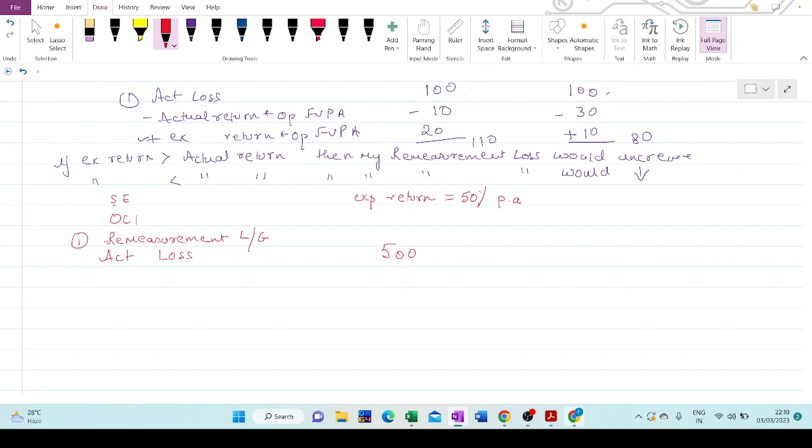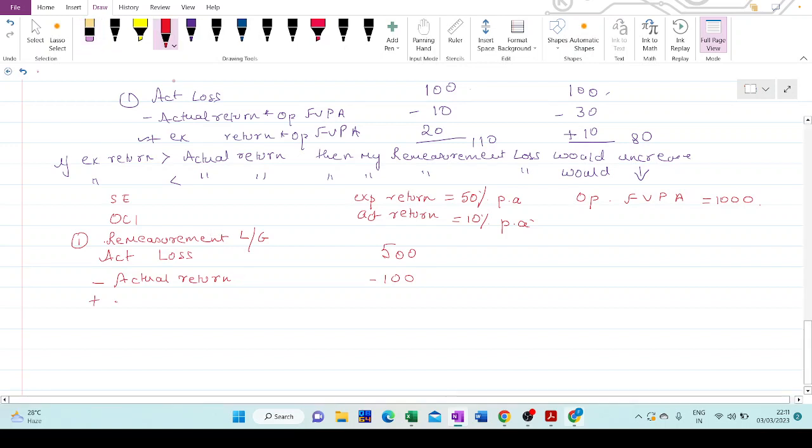And guys, the actual return is say 10% per annum, and my opening FVPA is 1000, right? So guys, I'll deduct the actual return from my actuarial loss. My actual return is how much? 10% of 1000, that is 100, and I'll add the expected return.